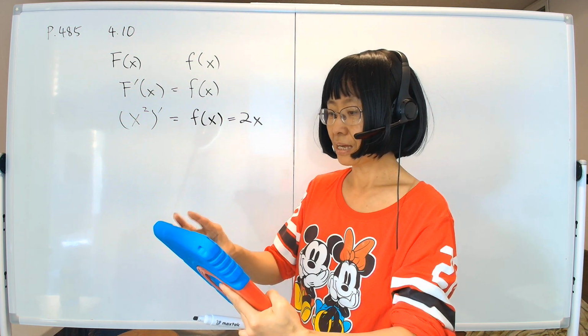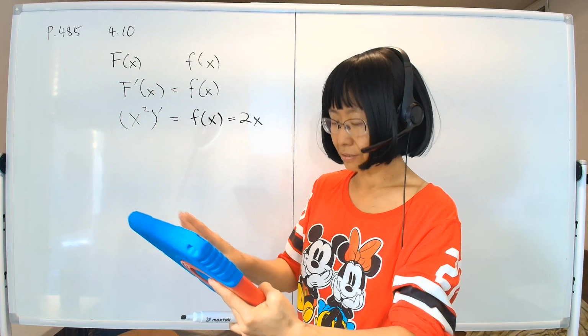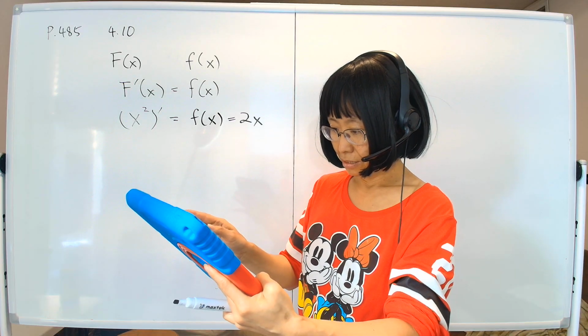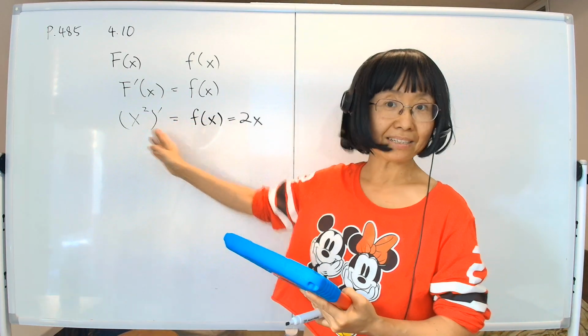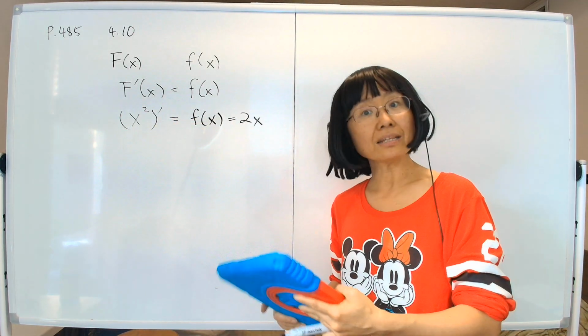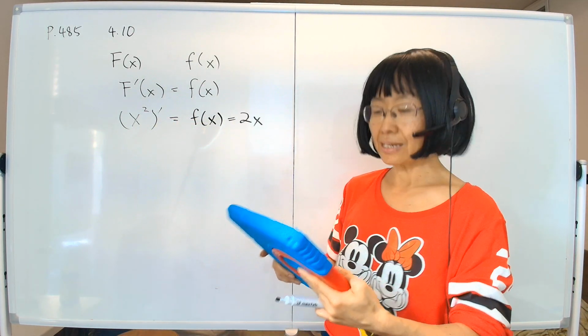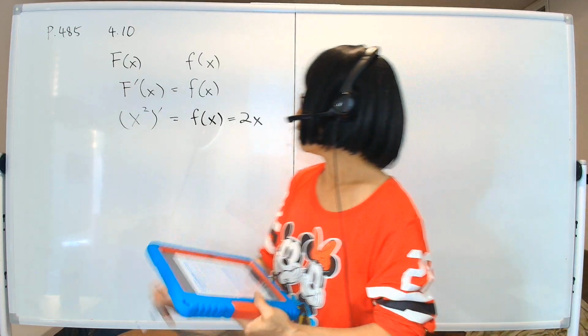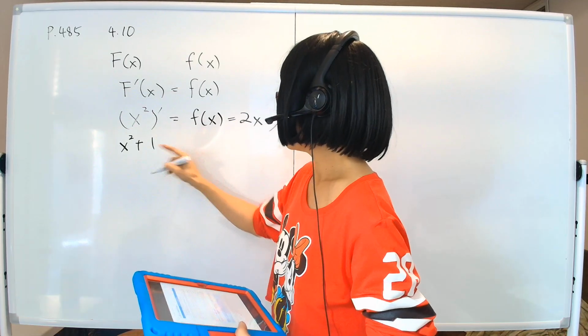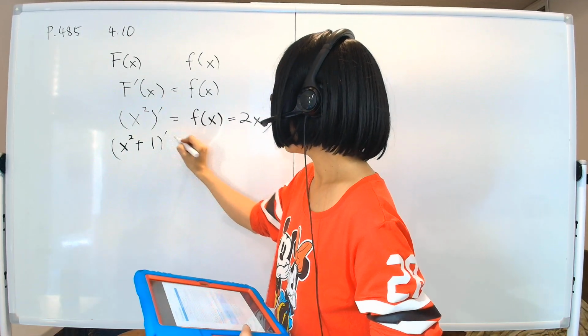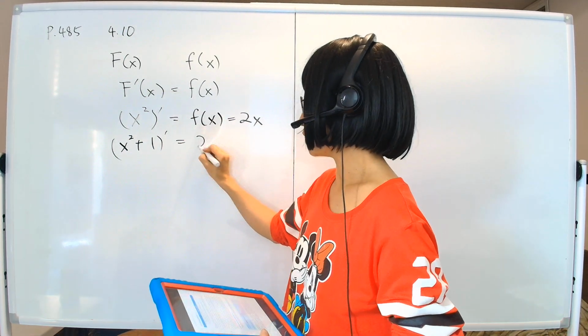this. Now, the question then is, okay, that's a nice antiderivative. Are there other antiderivatives? And the answer is yes. For example, the derivative of x squared plus 1 is also equal to 2x, right?